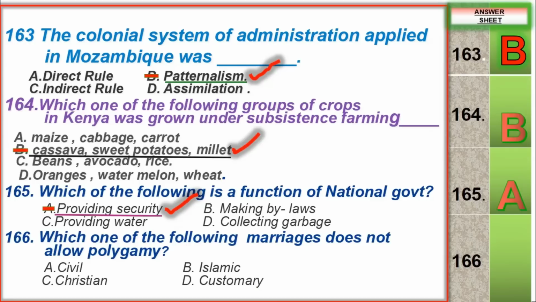Customary marriage has allowed it for long. And the other new one which allows polygamy is civil. But in Christian marriage, it is one man, one wife. So the correct answer here is Christianity.